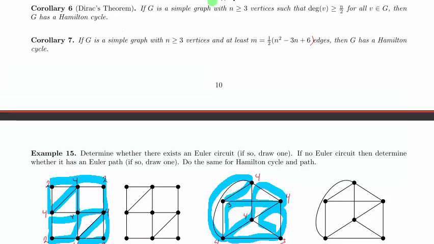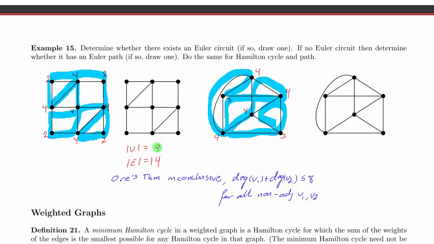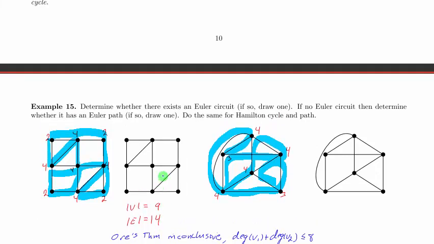If we look at Dirac's theorem, that would say that all of them have to have degree greater than or equal to n over 2, which in this case means greater than or equal to 5, because we can't have a degree 4.5. So both of those are inconclusive.